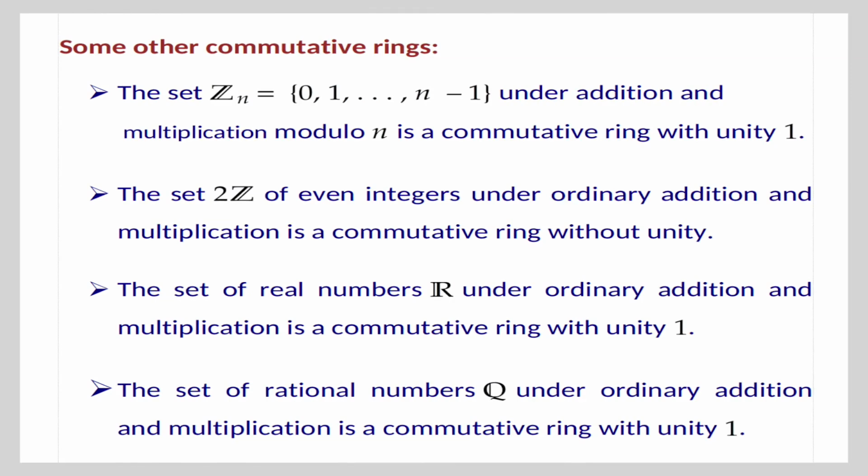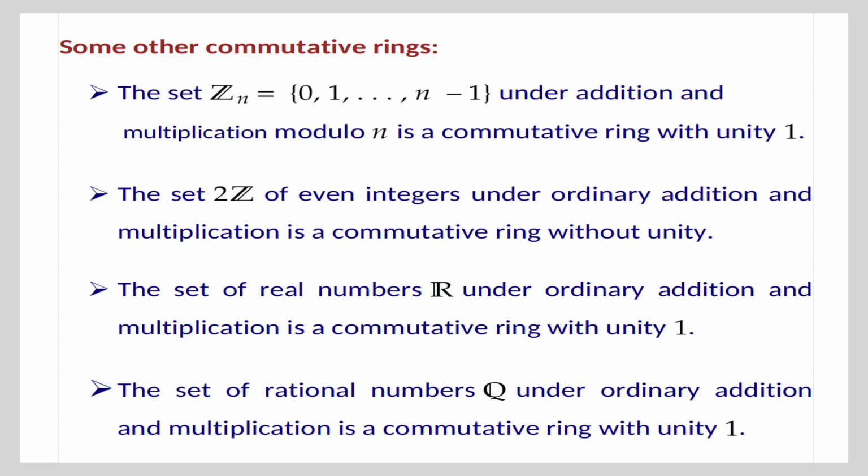Some other commutative rings are: the set Zn = {0, 1, ..., n - 1} under addition and multiplication modulo n is a commutative ring with unity 1. The set of units is U(n).